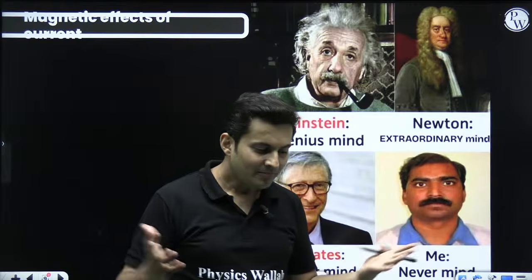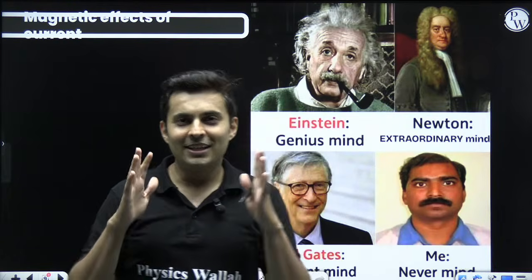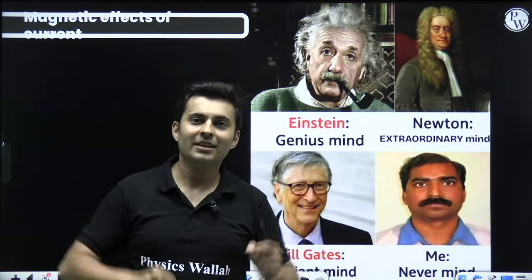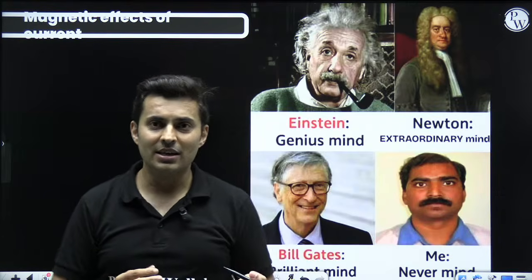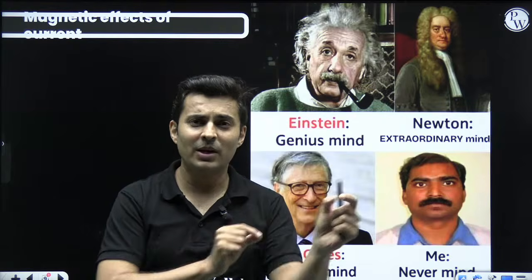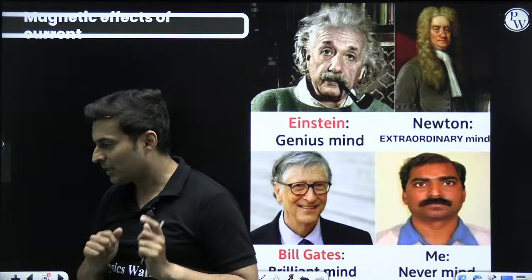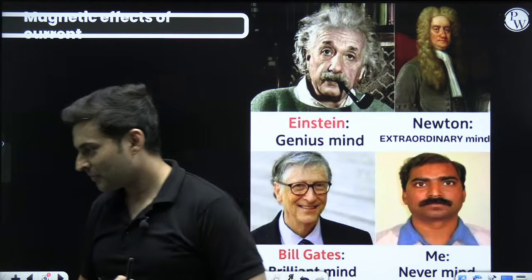Other people have great minds, but we say never mind. And that is why, to simplify the whole process, we created this concept of magnetic field created by moving charges, in a very simple way. And that is given by Biot-Savart's law. Alright. So now let's start with the concept.